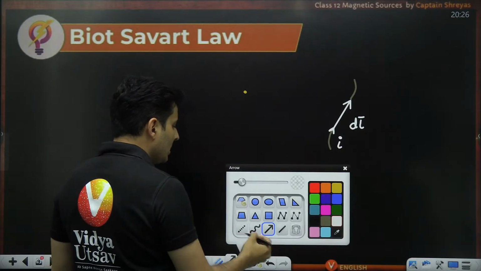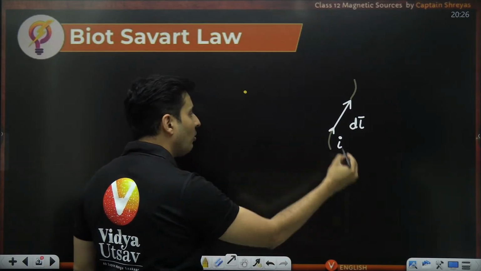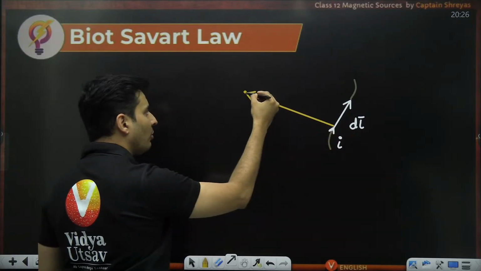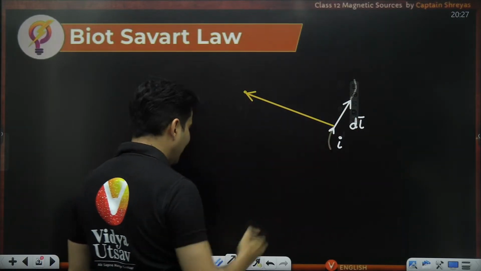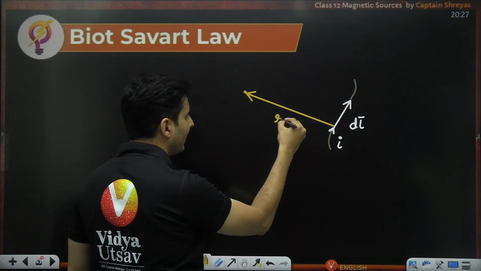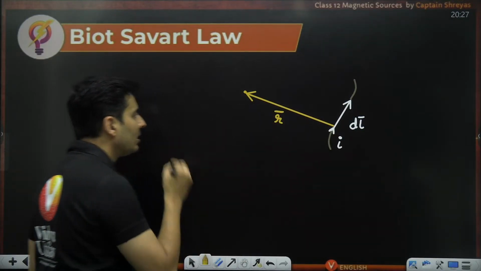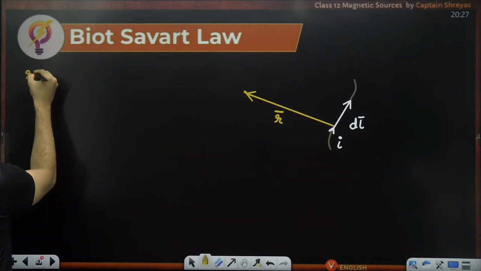So what I do is I draw a positional vector of this point with respect to the element. That position vector is r bar. So what is r bar? I'm mentioning it clearly.